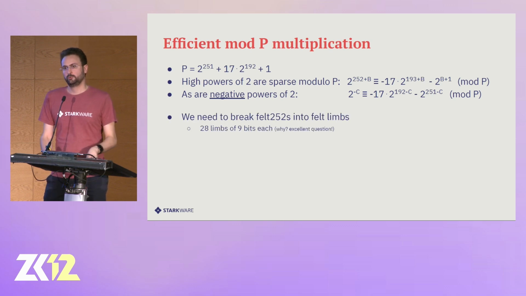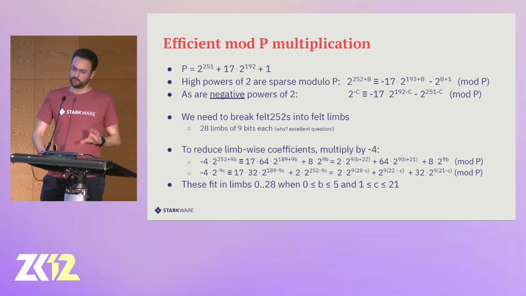So just as before, we want to break down our large field element into limbs that will fit inside the smaller field element. We use 28 limbs of 9 bits each. And the reason for these particular numbers will be specified very soon.